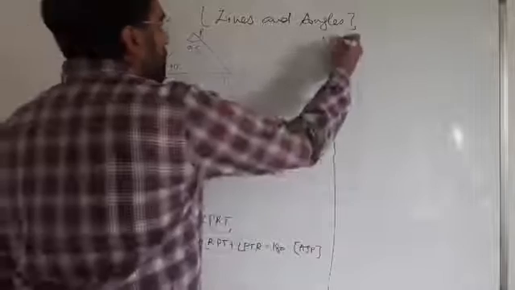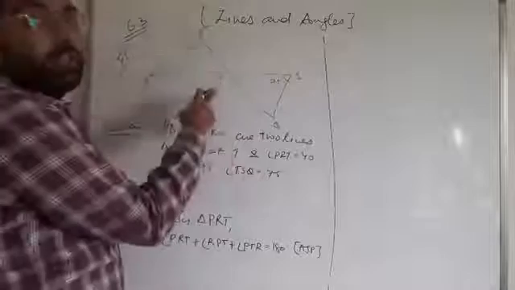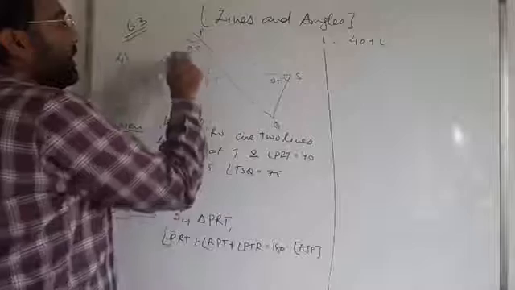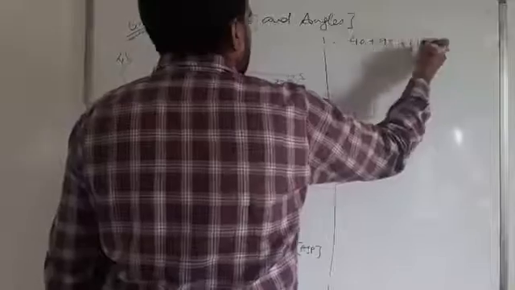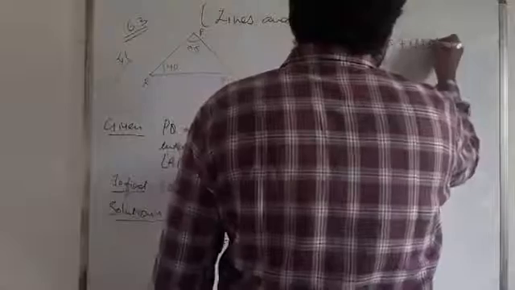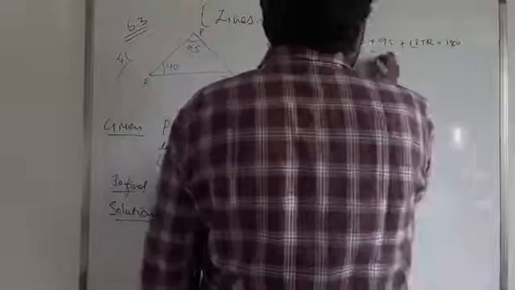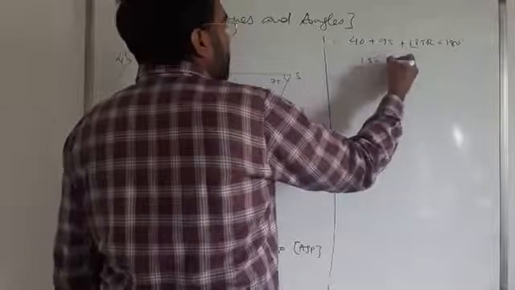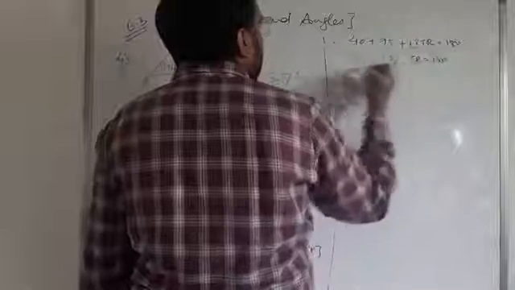So therefore PRT, that is 40 degrees, plus RPT, that is 95 degrees, plus we need to find angle PTR first of all. 95 plus 40 is 135 degrees, plus angle PTR is equal to 180 degrees.